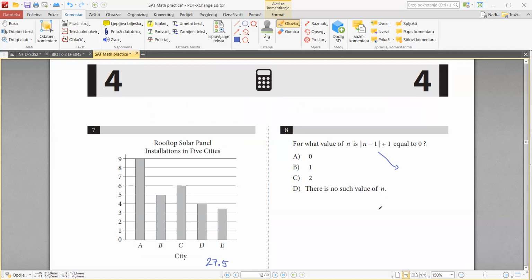So we can write absolute value of n minus 1 plus 1 must be equal to 0, or absolute value of n minus 1 is equal to 0 minus 1, which would be minus 1. But absolute value cannot give us a negative number, so we'll choose this answer: there is no such value of n.